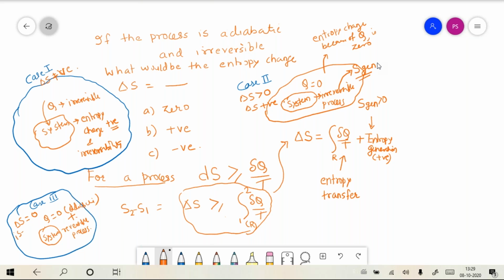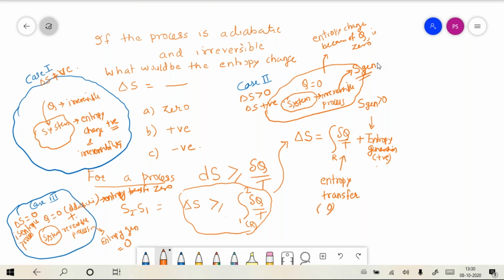Entropy transfer is zero, and because there is no irreversibility, the process is reversible, so the entropy generation is also zero. Entropy generation is zero, entropy transfer is zero, hence delta S is equal to constant.